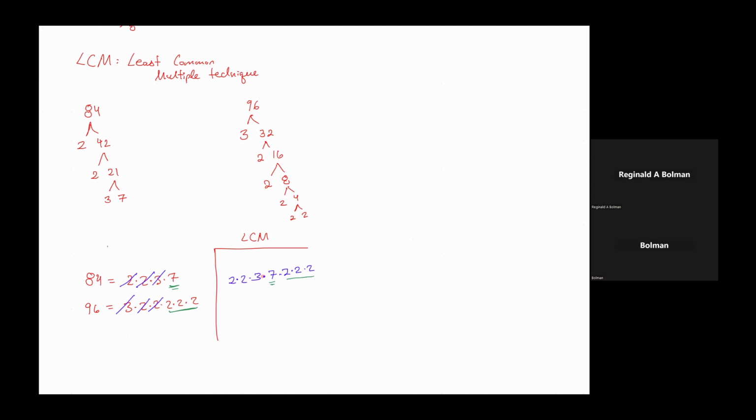So 2 times 2 gives you 4. 3 times 7 gives you 21. 2 times 2 gives you 4, and you have a 2 left over. So then 4 times 2 is 8. So you'd have 8 times 21 times 4. 4 times 8 gives you 32. So we would do 32 times 21.